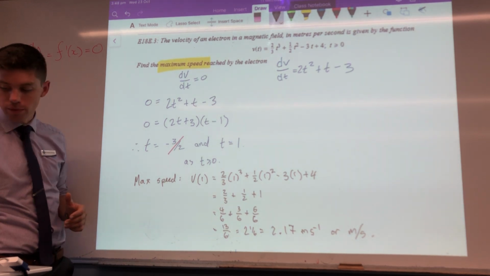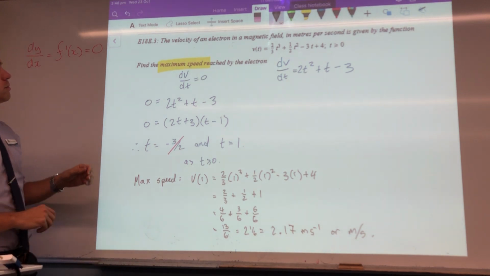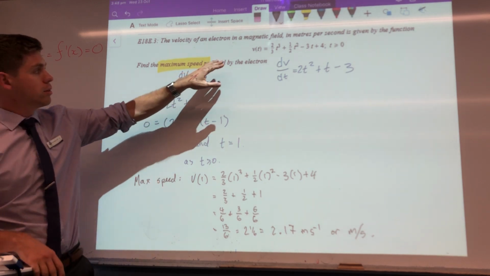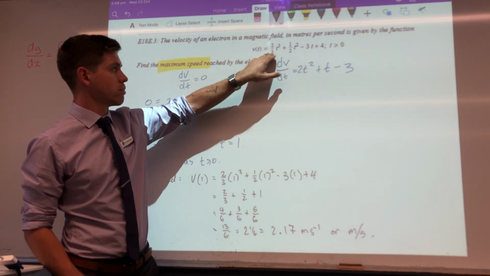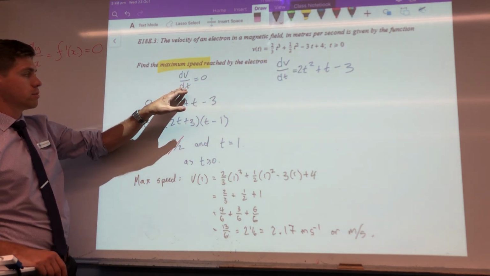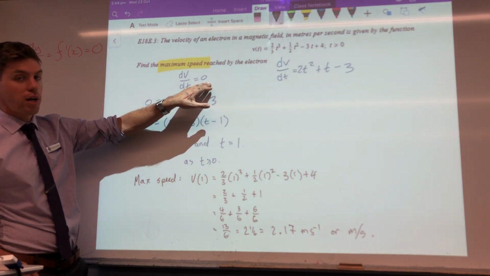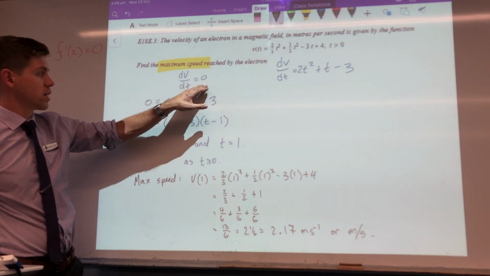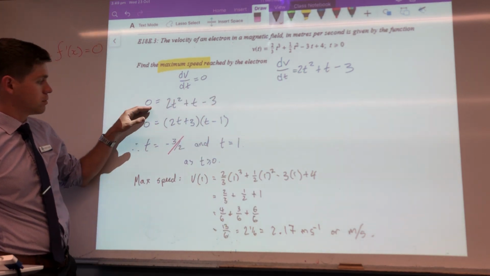So let's just recap what we've looked at here. We've used what we know about stationary points to evaluate a derivative function of this original velocity function here. And then given this derivative function, we've taken that the maximum speed, or the local maximum, is going to be at the stationary point where dv dt is equal to 0. We've then evaluated dv dt equal to 0 here.